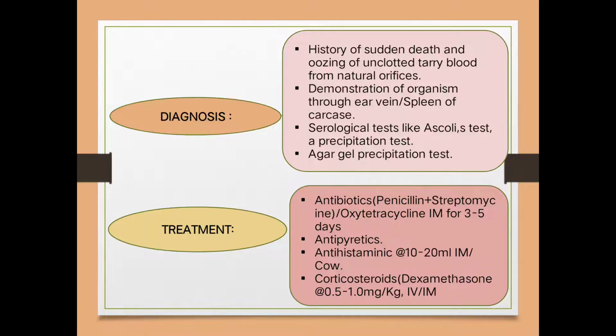And the third point of diagnosis is where we can culture the organisms. So we can use the gelatin tube containing nutrient broth, where we can get the inverted fir tree appearance.